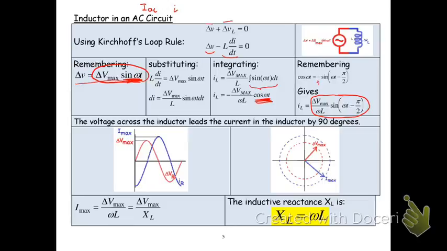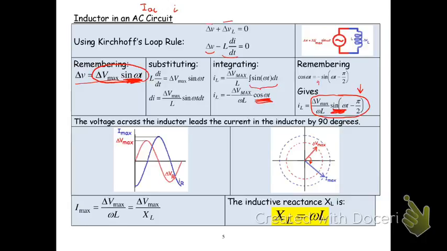And can you see, the negative pi over 2 tells me that my current lags the voltage by 90 degrees. Pi over 2 is 90 degrees. So if I draw this out on a phasor, that lags by 90 degrees. It comes out of the math.